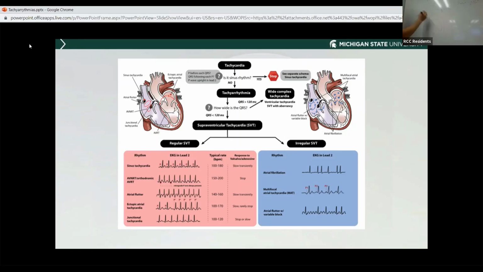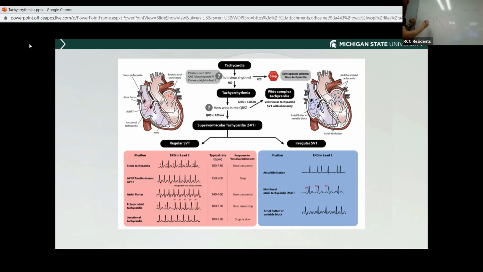So this is the normal conduction system. What happens in arrhythmias is that if you have an ectopic atrial focus, an accessory focus that sends impulses at a faster rate than the SA node, you have ectopic atrial tachycardia.